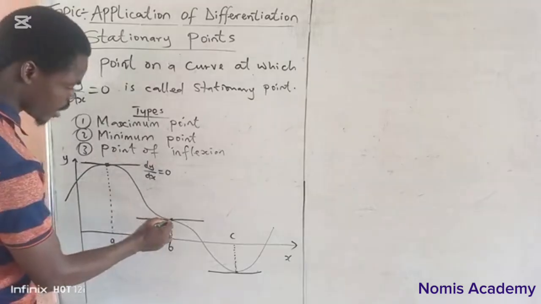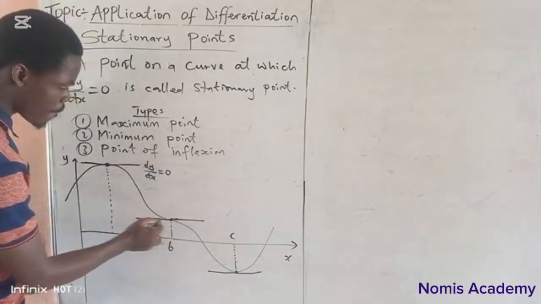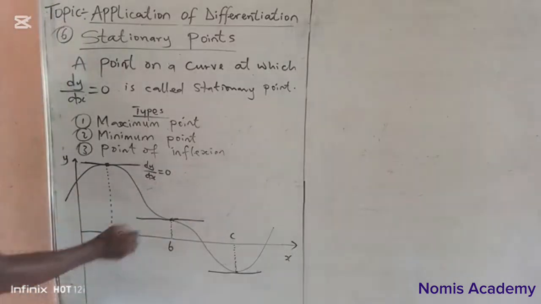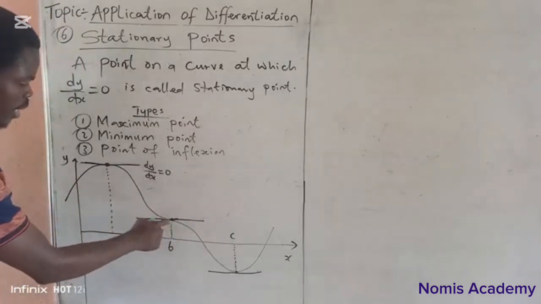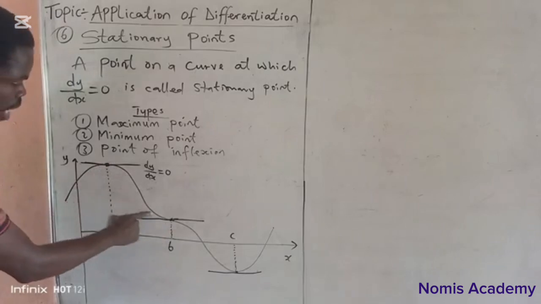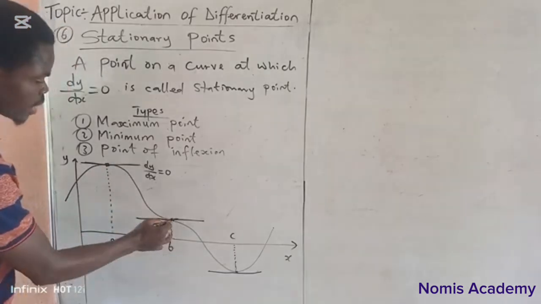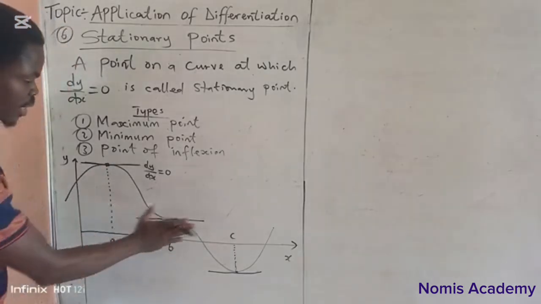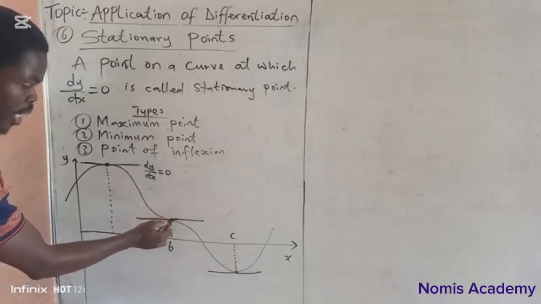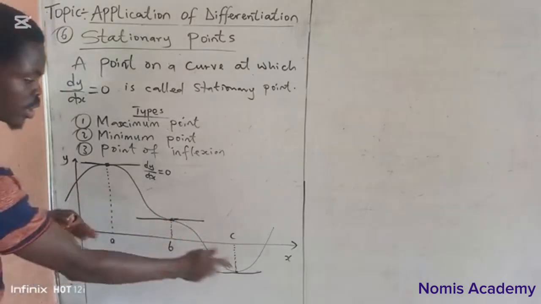Then this point is what we call the point of inflection. This is not a turning point. You can see the curve is going like this and then it continues. At this point, it maintains a kind of linear movement. It does not turn, but it continues.